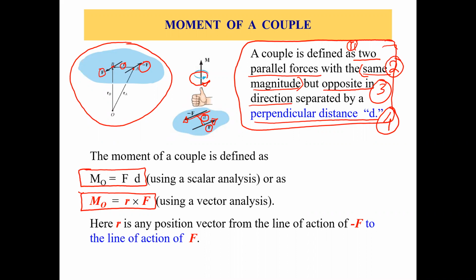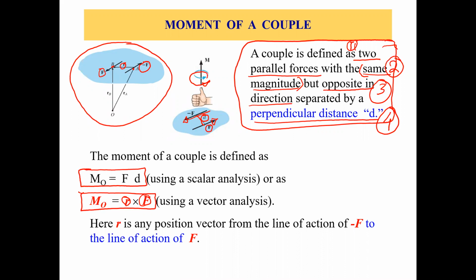Once you want to find the moment of a couple in vector form, you take the position vector cross product with the force vector. So R cross F will give you the moment of a couple in vector form, usually in 3D space. R is any position vector from the line of action of one force to the other force.